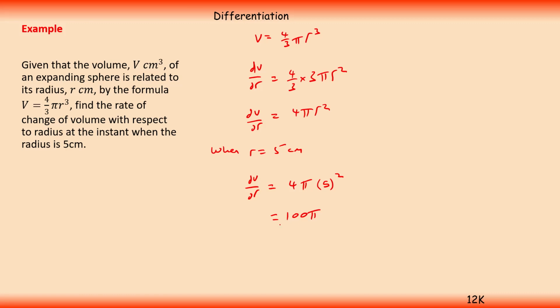Pi is approximately 3.14, so dV over dr is equal to 314 centimeters cubed. So hit pause, copy the example down. Once you've done that, hit play, and we shall move on.